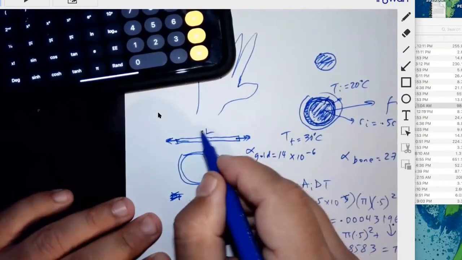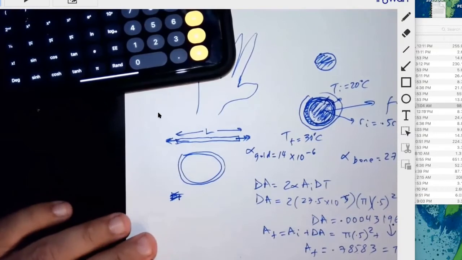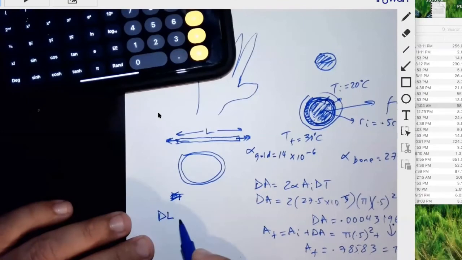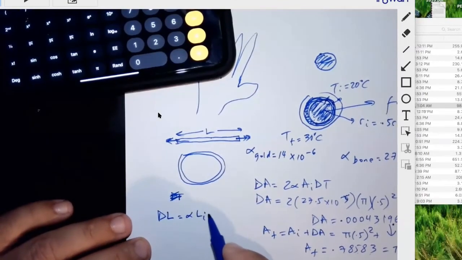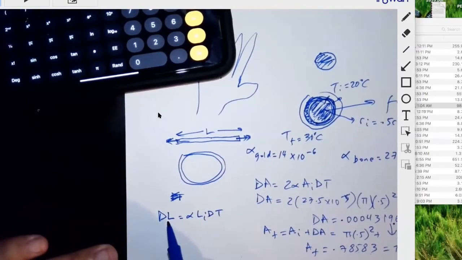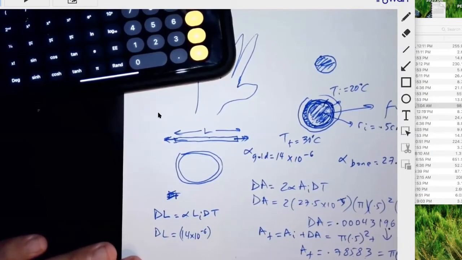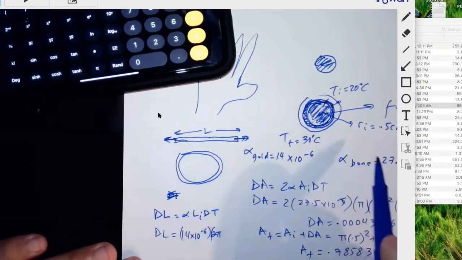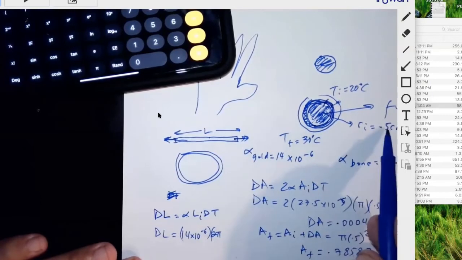So delta L equals alpha L initial delta T. I'm going to put the alpha of the ring, 14 times 10 to the minus 6, and L initial is 2 pi r, where r is the inner radius, which is 0.5 again.